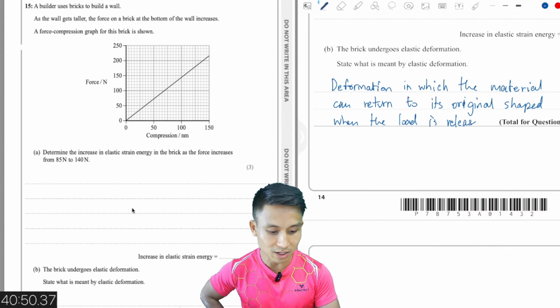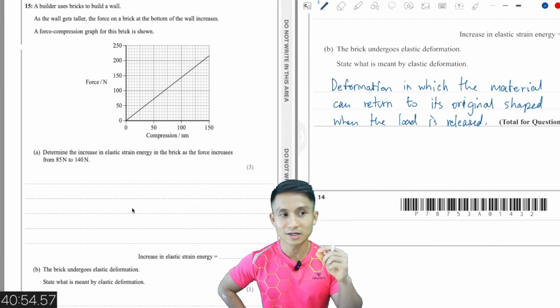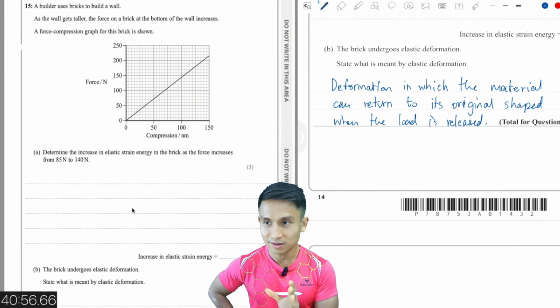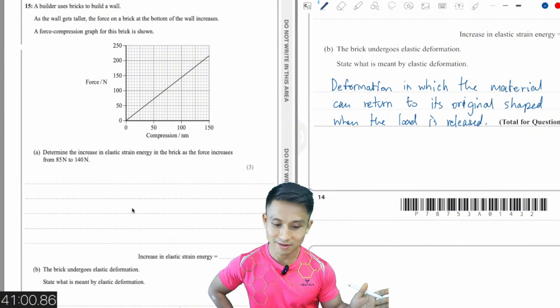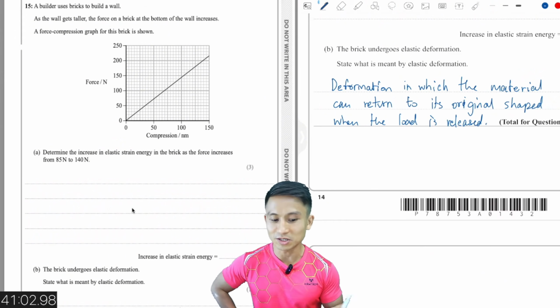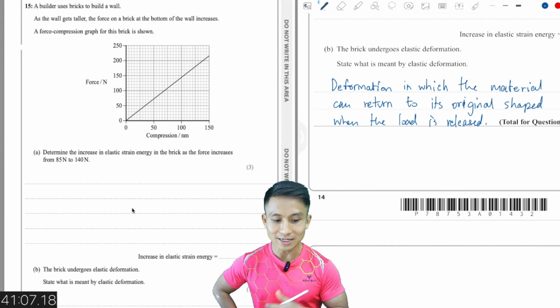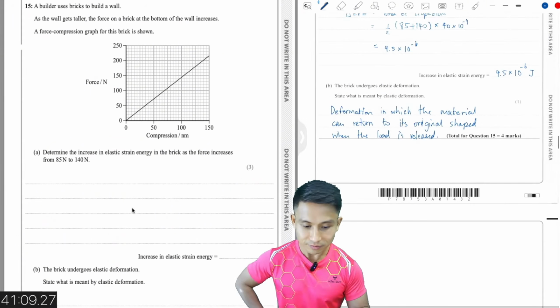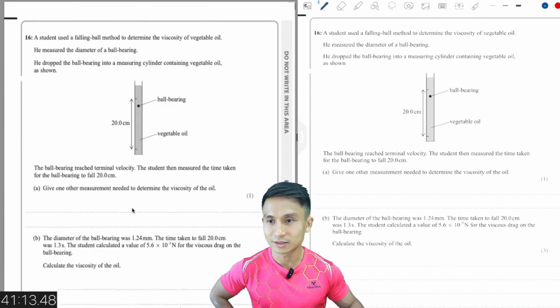Well, that is actually relatable to elastic point. So elastic point is the point under which the material returns to the original shape when the load is released. So I'm just gonna write deformation in which material is blah blah blah. Now if it was plastic, then it's not the case.